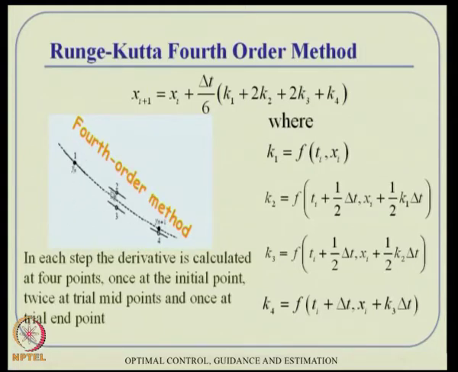Then it attempts to find some approximate slopes. At point number 1 you already have the slope. It predicts the slope at point number 2, point number 3, point number 4, and then tries to fit a polynomial in between. Using this polynomial you will be able to march ahead with the solution with much more accuracy. That is the philosophy.